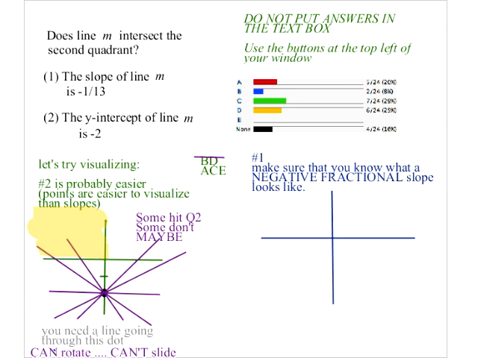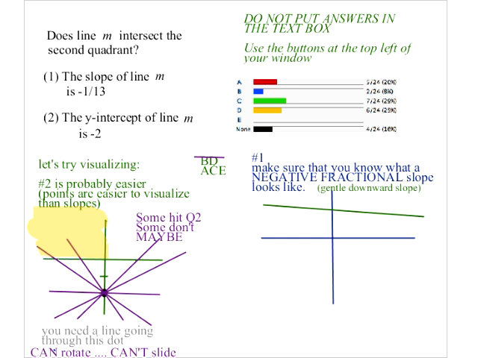If you were all standing in front of me, I would just have you hold up your arms in the right orientation, but we can't do that here. So try to describe that. It's downward sloping, and yeah, it goes down only 1 for every 13 that it goes over. So it's a very gently sloping line, like this. It's a very gentle downward slope.